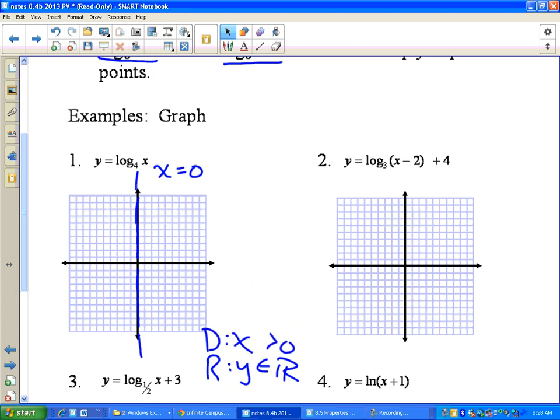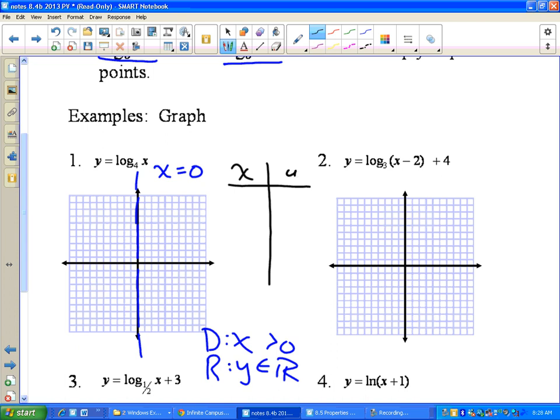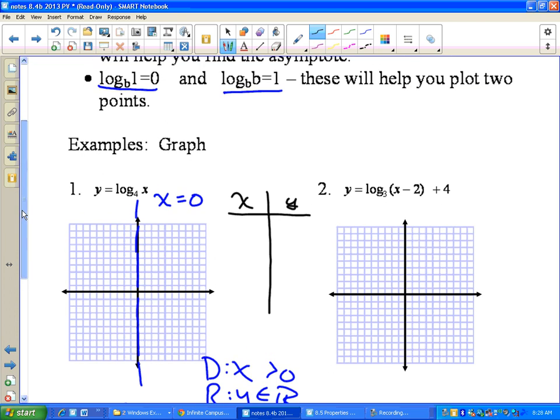I know that this blue dotted line is my asymptote. So now I want to plot 2 points. Looking up at this bullet, what's the first number I want to plot? 1. My first x is going to be 1 because log of 1, any base, is 0.